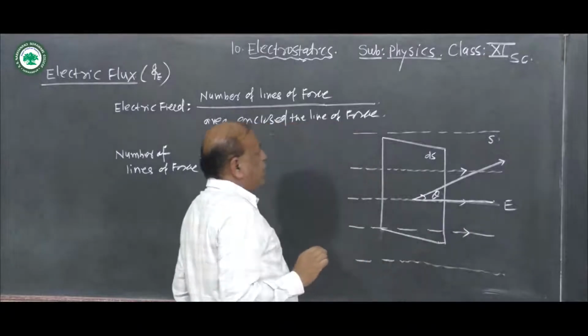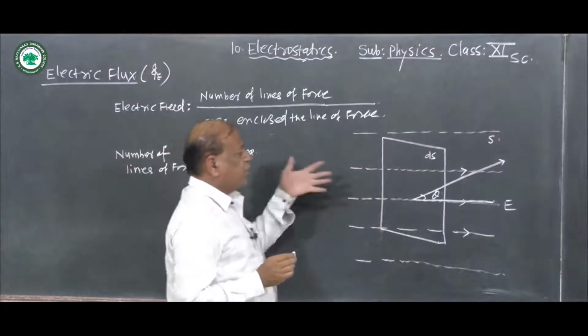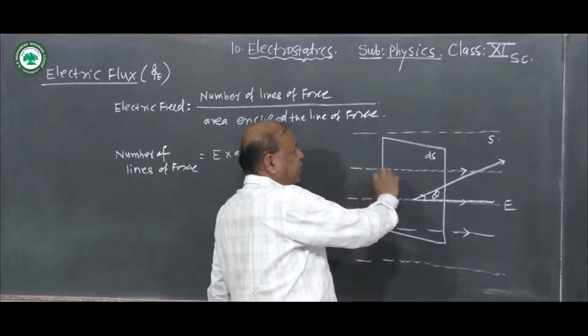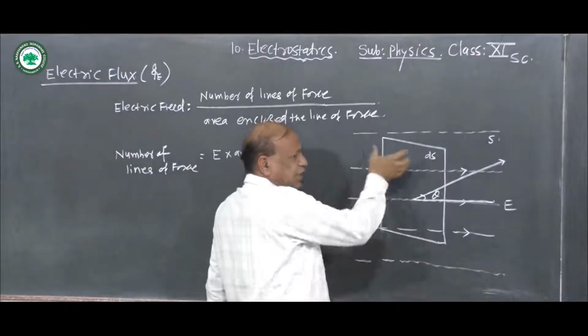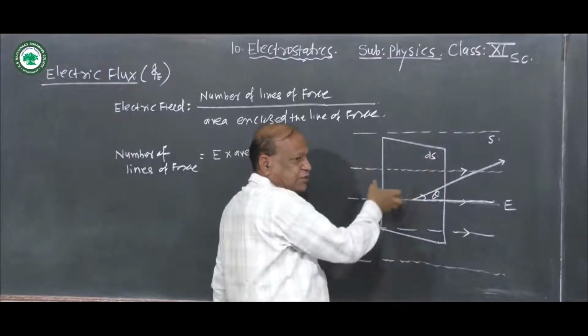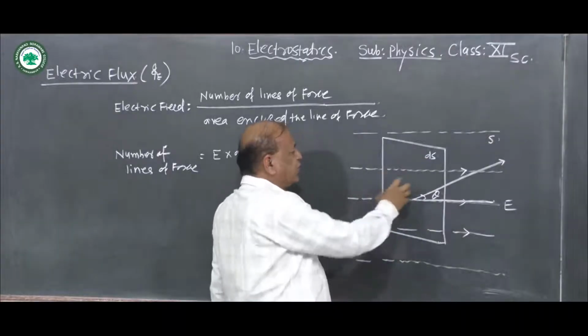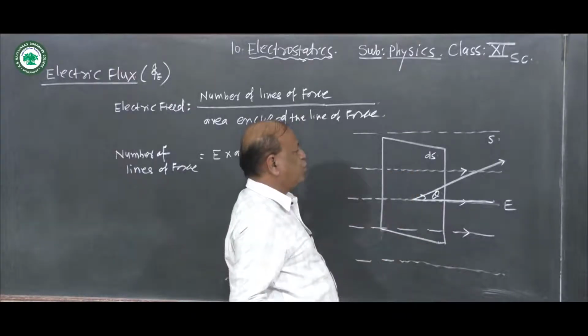This electric flux is the lines of force passing perpendicular to this surface area, that is, how many lines normally pass through that surface area, directed like this, perpendicular to it.